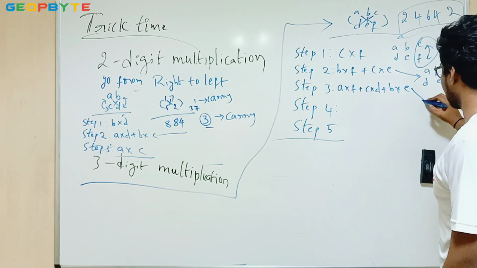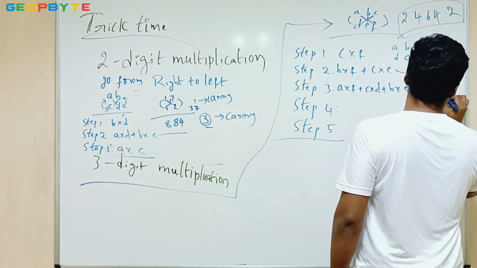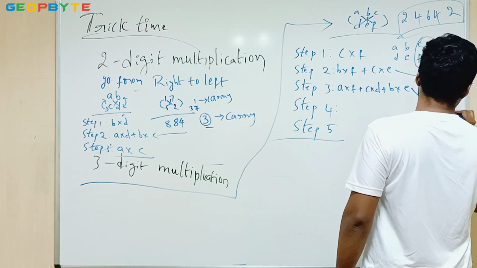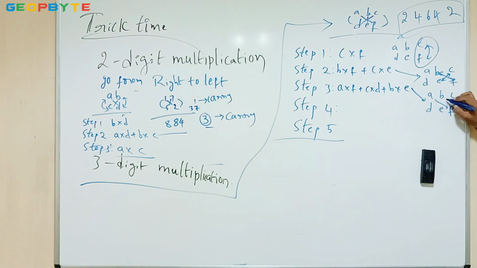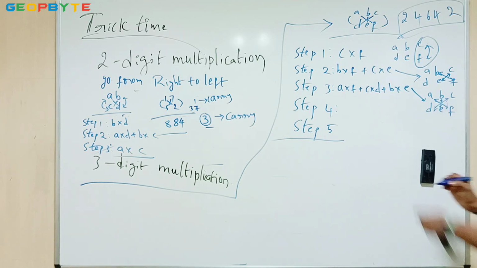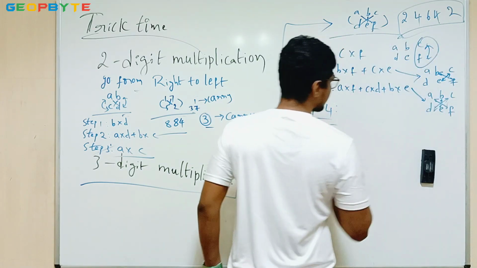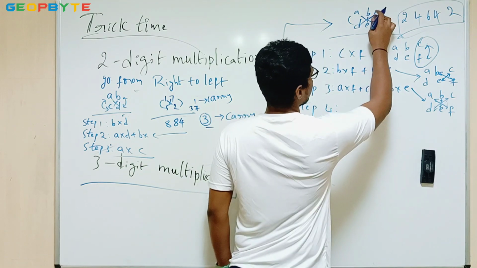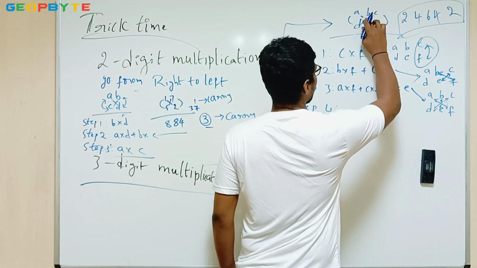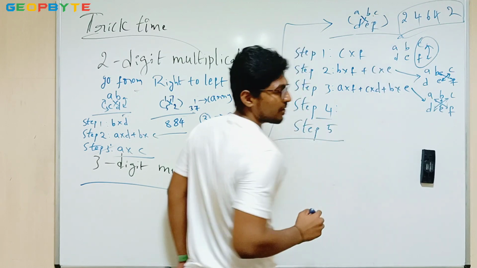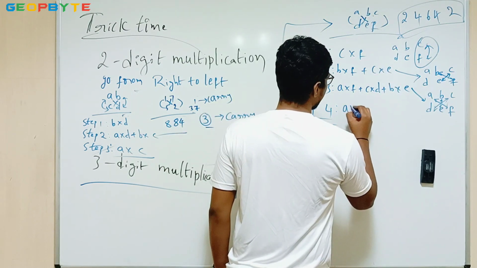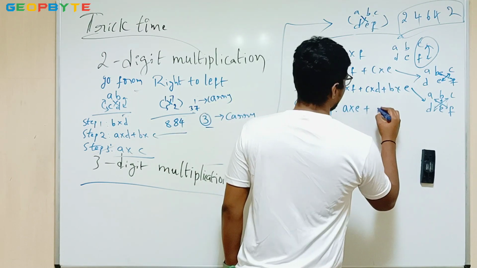And for this step, you have to multiply this like that. And for the fourth step, you have to go again and you have to multiply only these two. Only this 4 you have to multiply. That is A into E plus B into D.